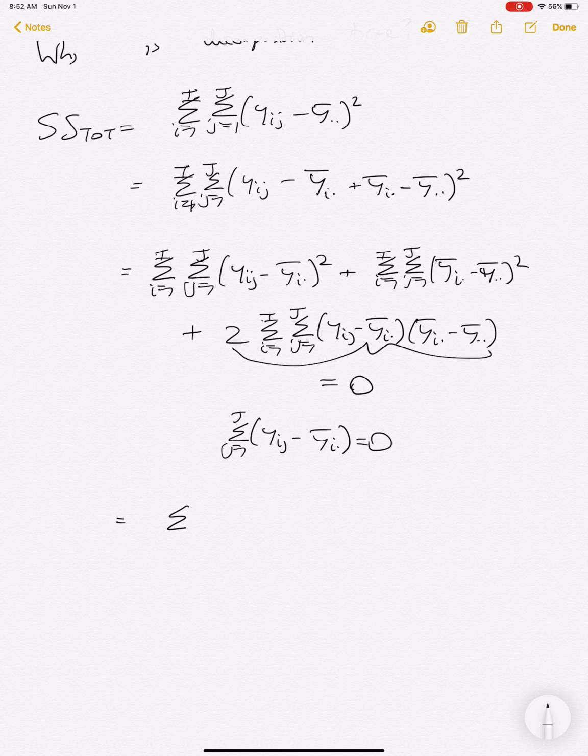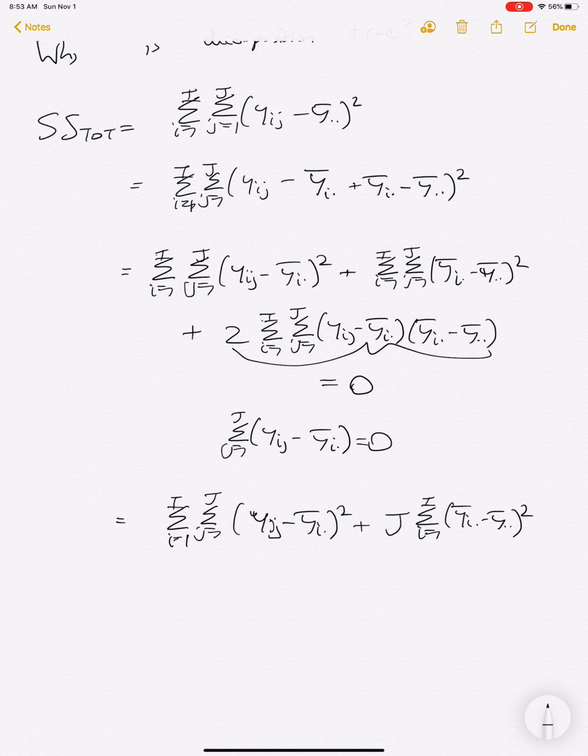And so this is equal to, and then you can see that the j is just going to get summed out because there are no j's in the expression for the second term. So this is going to be the sum of squares within and then the sum of squares between.